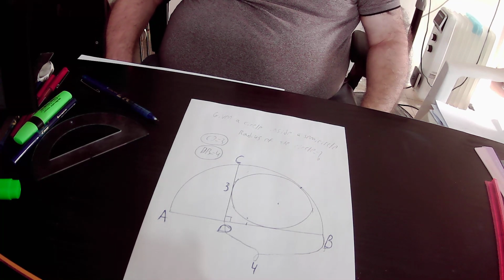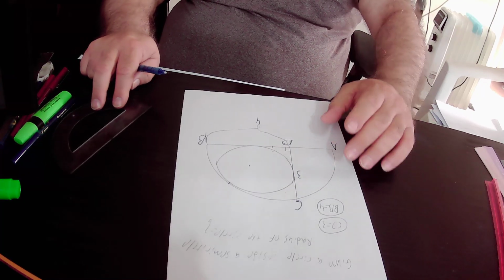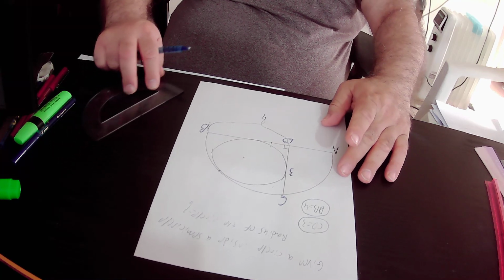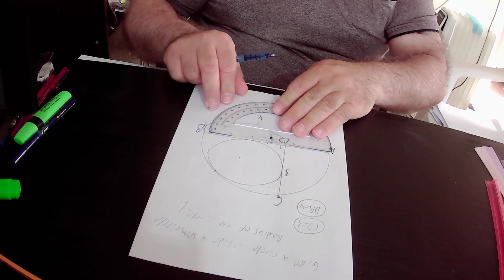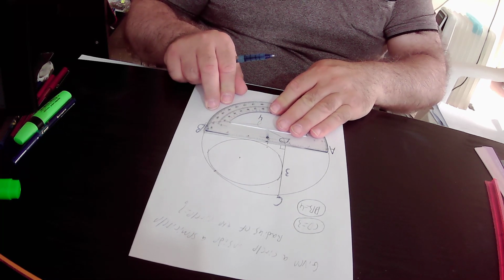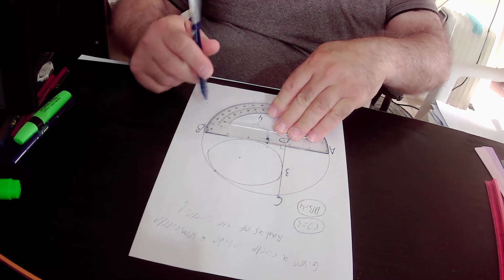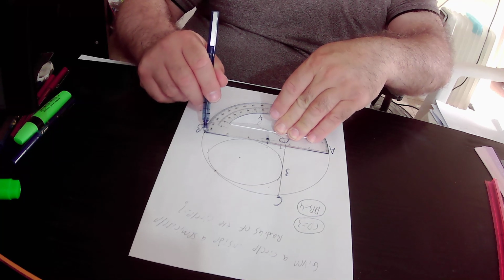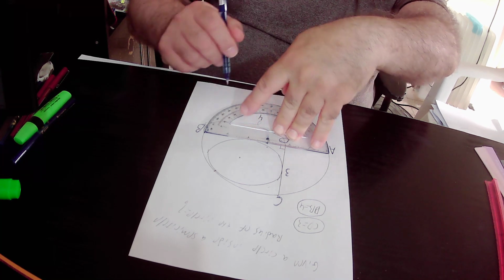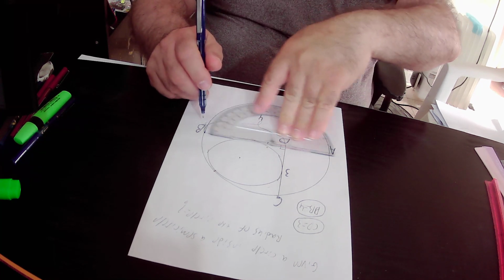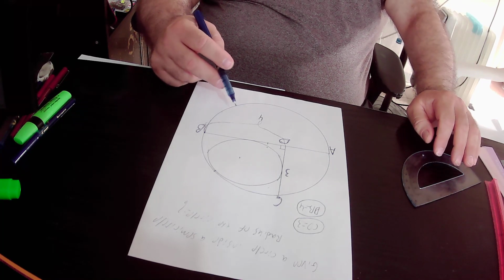So first of all, we will do a construction. We will complete the semicircle to a circle. So we completed the semicircle to a circle.